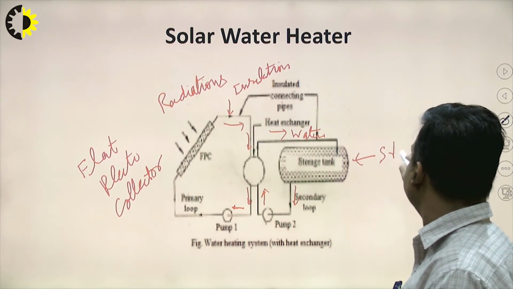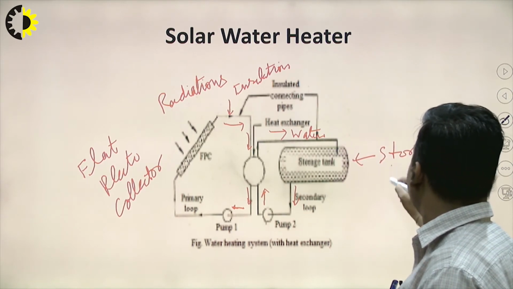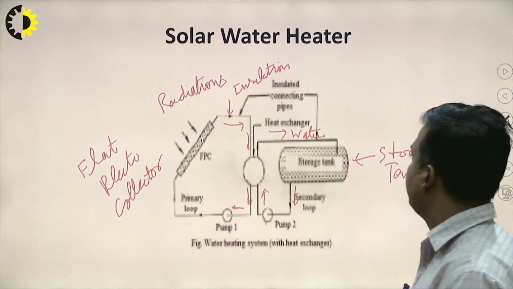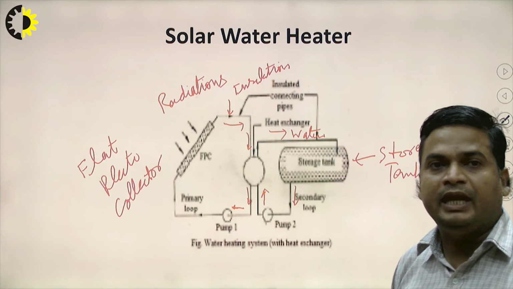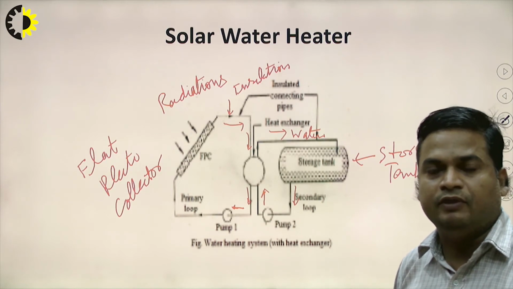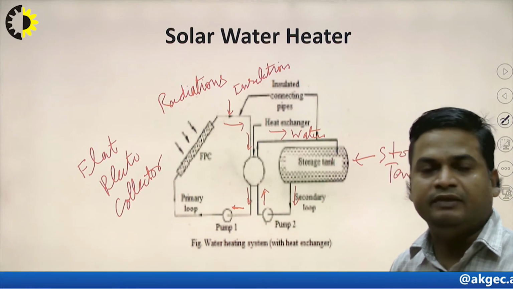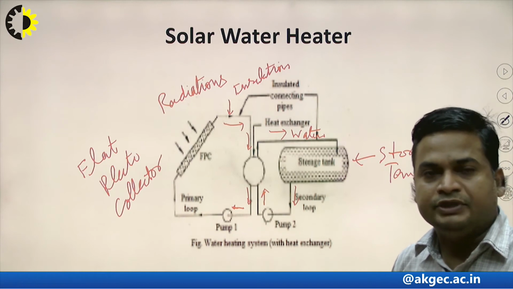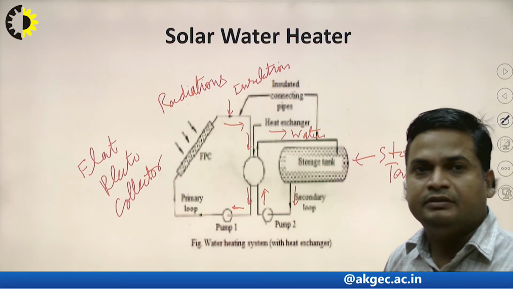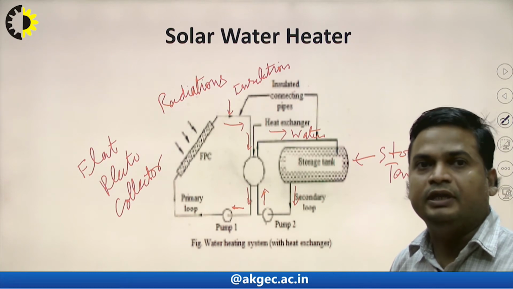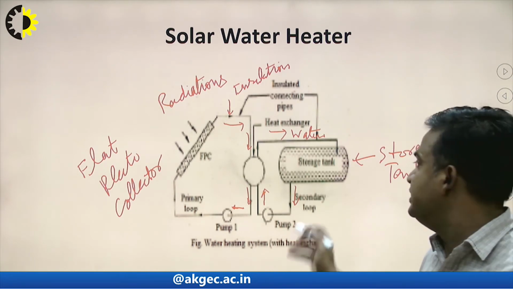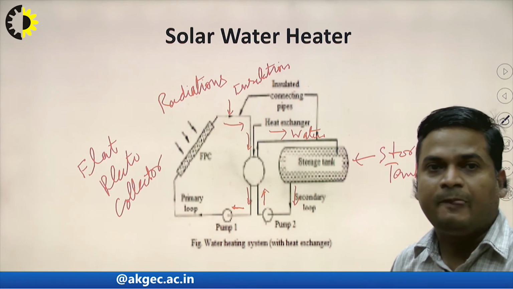This is the storage tank. So the high temperature water is stored here, and when we require this water for some application, like for bathing, for washing utensils, and for some other purposes, domestic or industrial purposes, we can utilize this water as and when required.